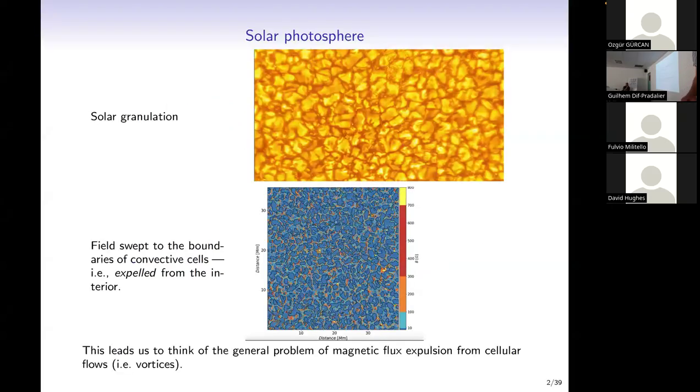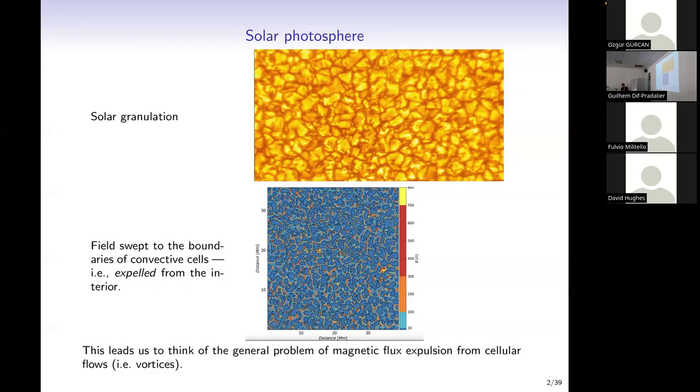And the motivation is astrophysical. So this is a picture of the surface of the sun, a very high resolution picture from one of the most recent telescopes, one in Hawaii.